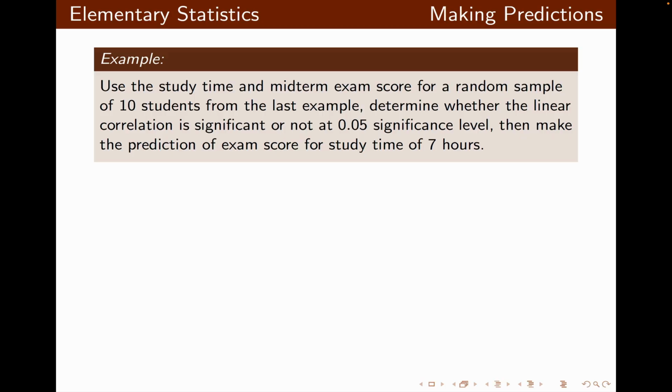Now use the study time and the midterm exam scores of the last example of 10 randomly selected students. Determine whether the linear correlation is significant or not at alpha equals 0.05. Then make the prediction of the exam score for a study time of 7 hours.